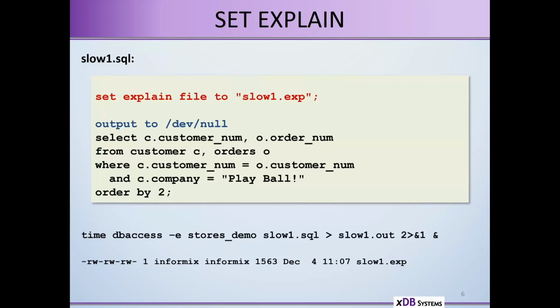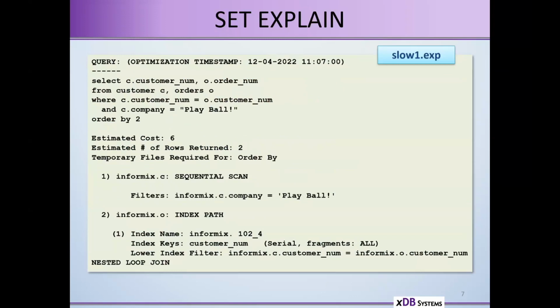And because all I'm interested in this case is the query plan and not the results of the query so much, I'll put an output to /dev/null right before the query, so then we just get rid of the results, we just get the query run. We'll put a time in front of it so we can get an idea roughly how long it takes, and then it will produce the file here, slow1.exp. And that will have all my explain information in it.